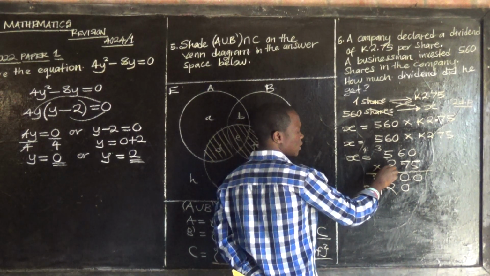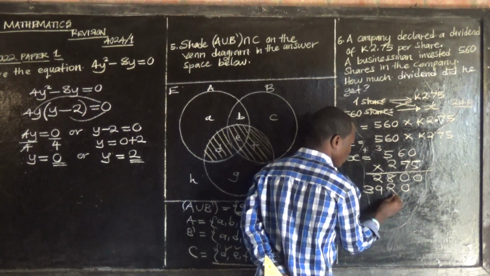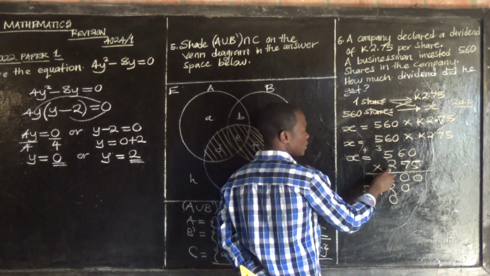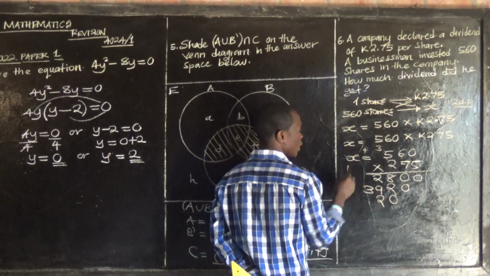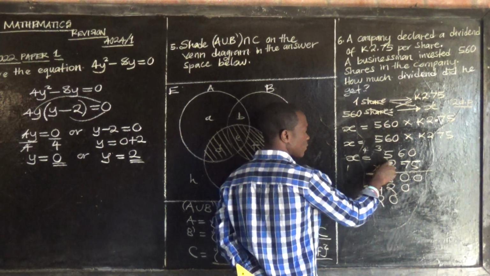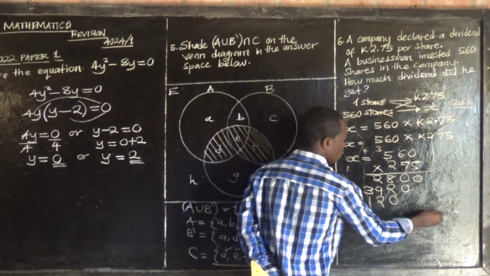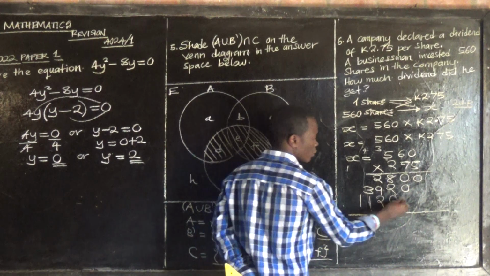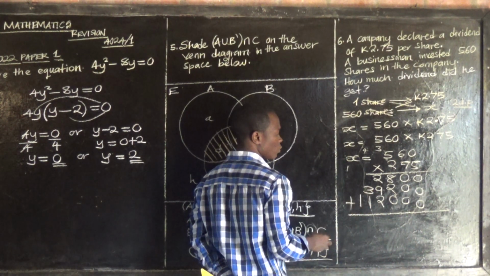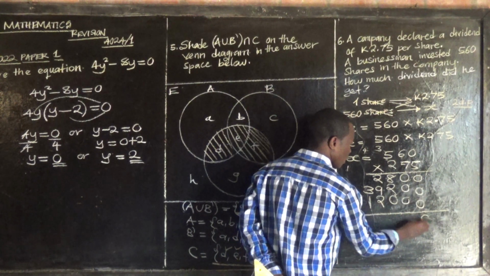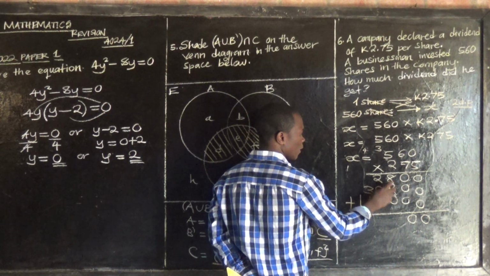Then 2 times 0 gets 0. Then 2 times 6 you get 12. So you're going to write 2 carry 1. Then 2 times 5, 10 plus 1, we're going to have 11. Then what are we going to do? We're going to add this. 0 plus 0 plus 0, you get 0. Then what is 8 plus 2?